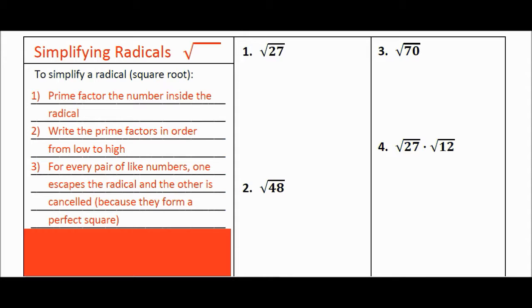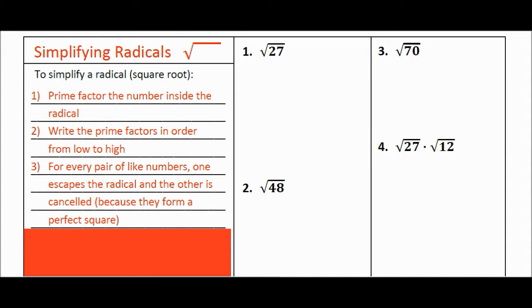So 3 gets out of the radical, the other 3 is crossed off. So as we saw in our examples in our notes, you look for pairs, match them up in groups of 2 like numbers. And if you can find 2 numbers that are the same, one of them escapes the radical, one of them is canceled. If you have a number that's all by itself, then there's nothing you can do about that. That remains inside the radical.